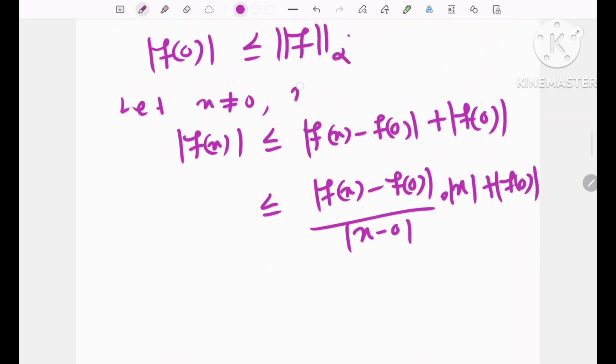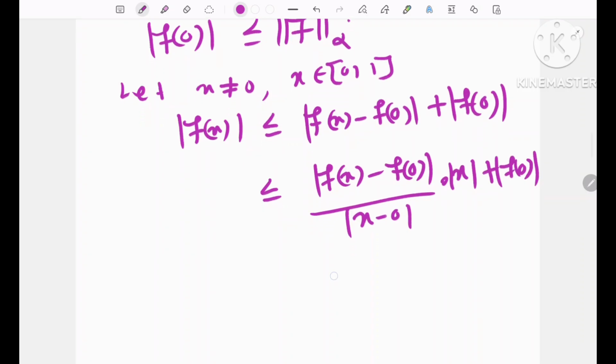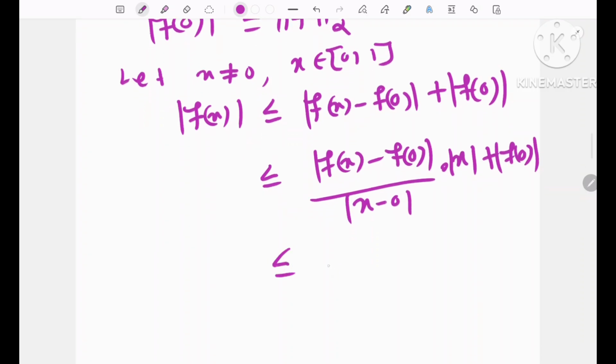Here, x belongs to the closed interval [0,1], which implies that |x| is less than or equal to 1. So this factor can be ignored by using the bound 1.